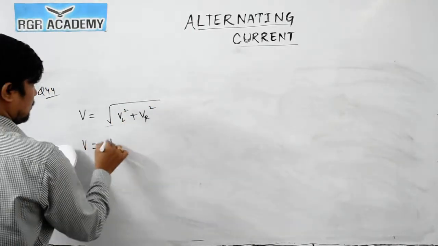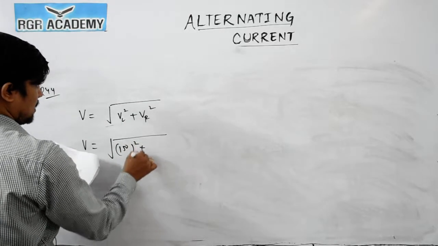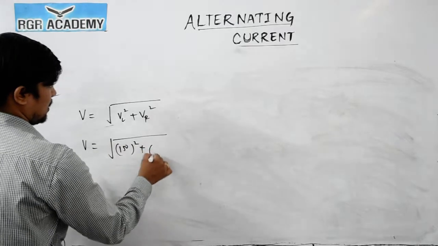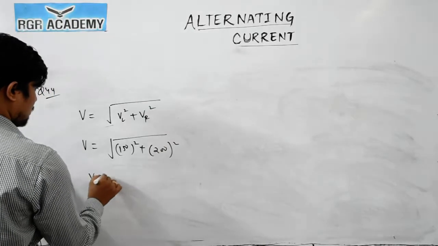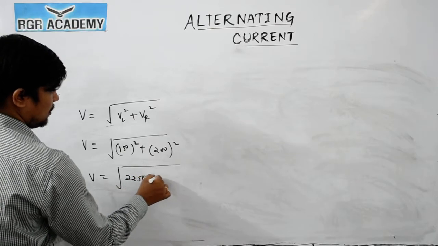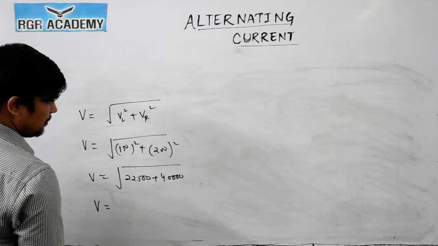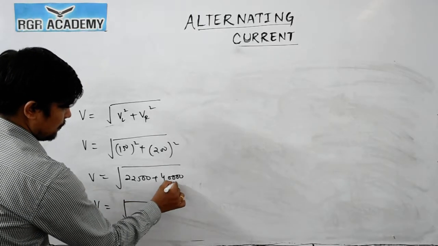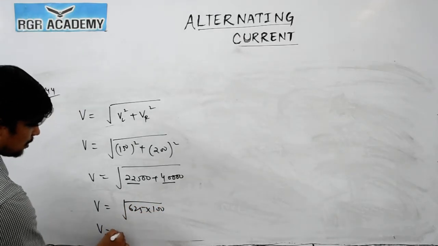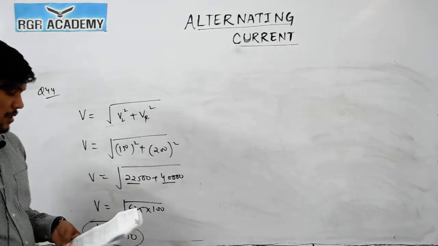So V will be equal to the square root of 150 square plus 200 square, which is 22500 plus 40000. Taking out 25 into 100, it becomes the square root of 625 into 100, so it will be 250. So for question number 44, the answer is 4. Now question number 45.